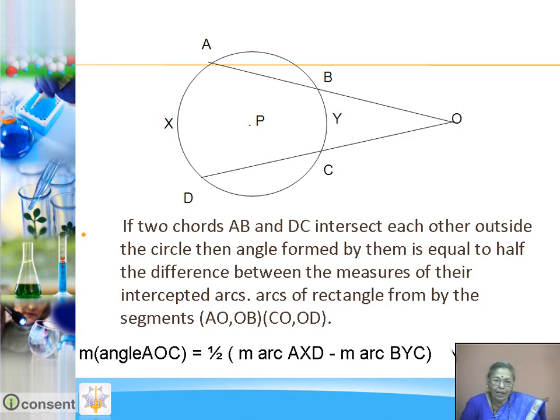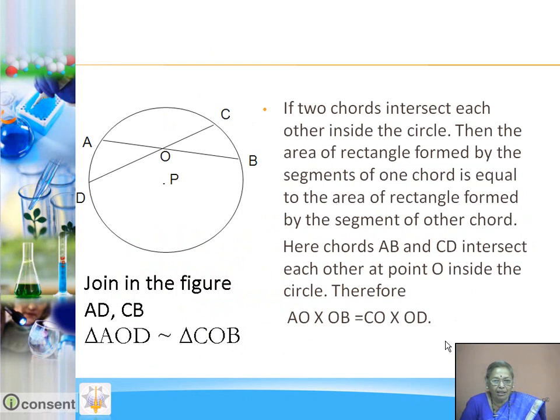We have seen the property regarding the angles. Now let us see the property of the chords when they intersect inside the circle. The length of the chords we know. Now here, when two chords intersect each other inside the circle, the segments formed by each chord form a rectangle.